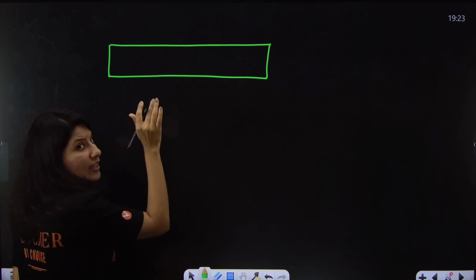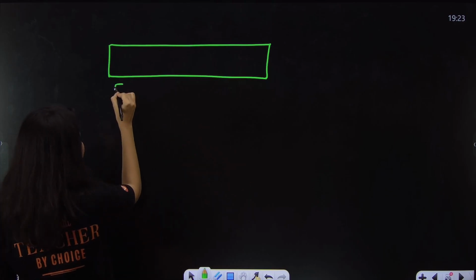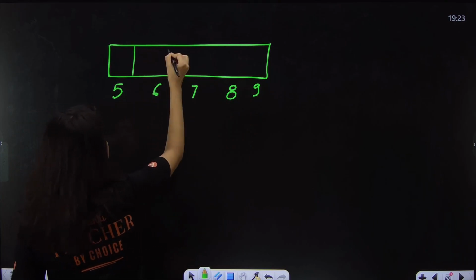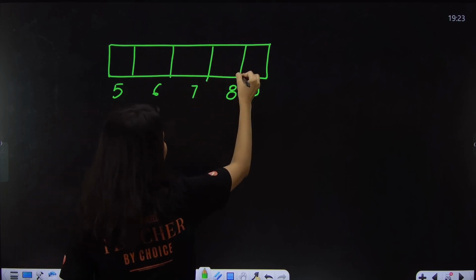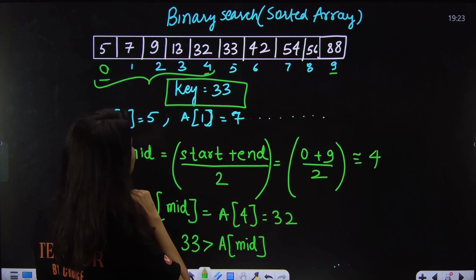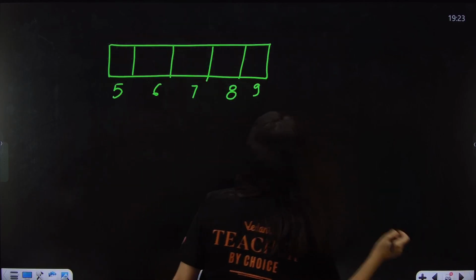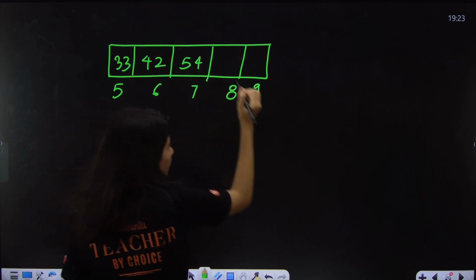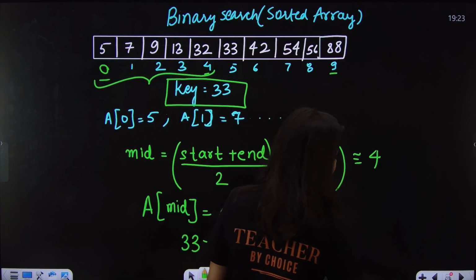What is the mid value? 4. So after 4 there will be 5, 6, 7, 8 and 9. So only this part will be left. It will be 33, 42, 54, and 56, 88.